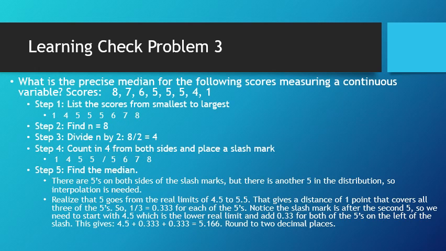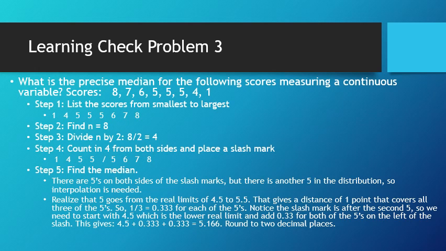Remember that 5 really goes from the real limits of 4.5 to 5.5. Again, that's a distance of 1 point that has to cover all 3 of those 5s. So if I take that 1 point and divide it by all 3 of those 5s, each of the 5s covers 0.333 of that point, or a third of that point. Notice that the slash mark in this case is after the second 5.